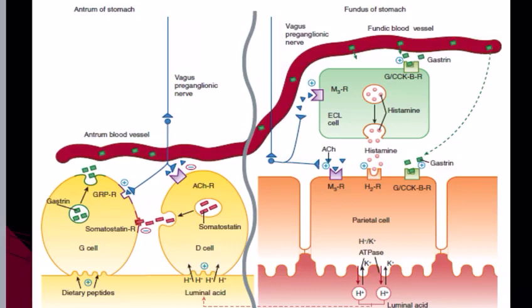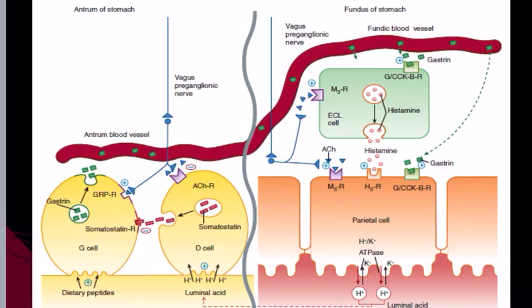When acetylcholine from vagal postganglionic nerves or gastrin, that is released from the antral G cells into the blood, binds to the parietal cell receptors, they cause an increase in the cytosolic calcium, which in turn stimulates protein kinases that stimulate acid secretion from a hydrogen potassium ATPase, the proton pump, commonly named. These pumps are located on the canalicular surface of the gastric parietal cells.